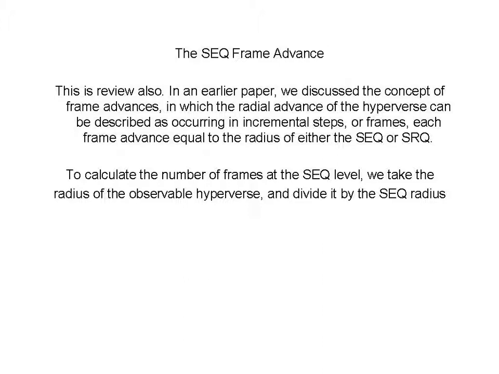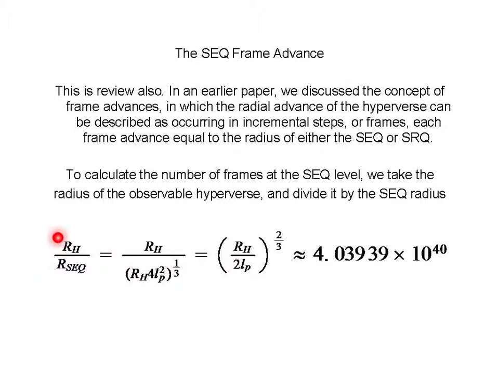To calculate the number of frames at the SEQ level, we take the radius of the observable hyperverse and divide it by the SEQ radius. So we take r sub h divided by the small energy quantum radius, and we get r sub h over 2Lp to the 2/3, or about 4 times 10 to the 40th. That's the number of SEQ frame advances.